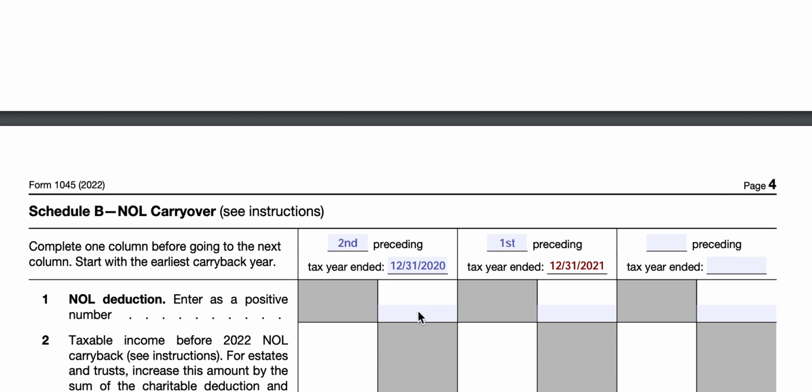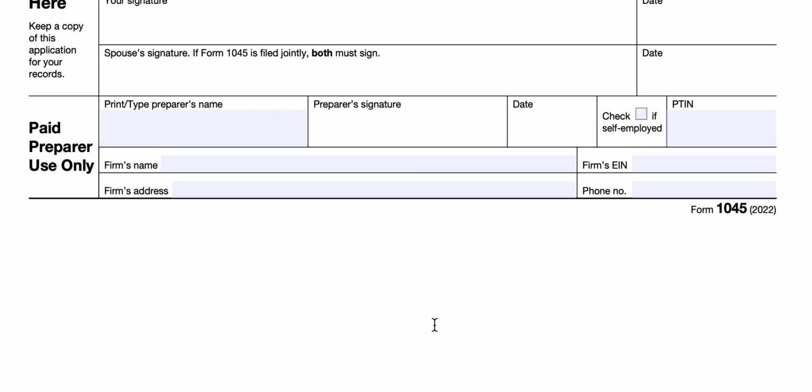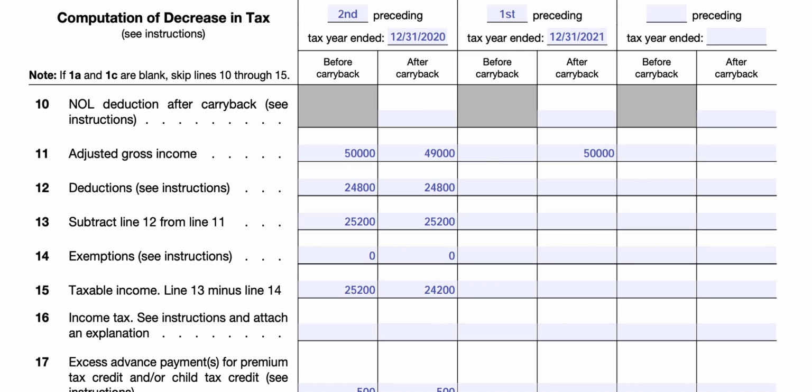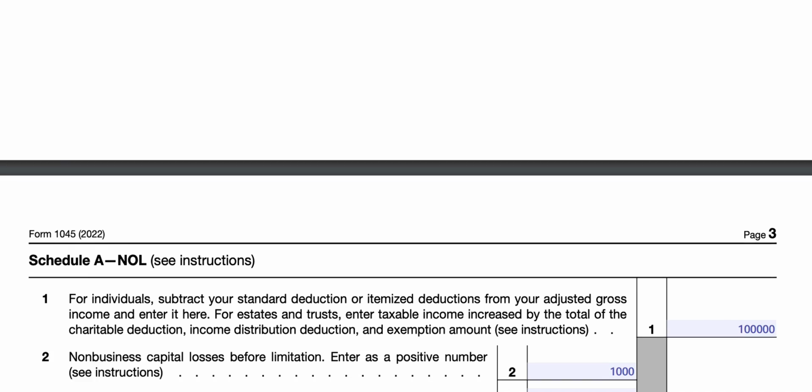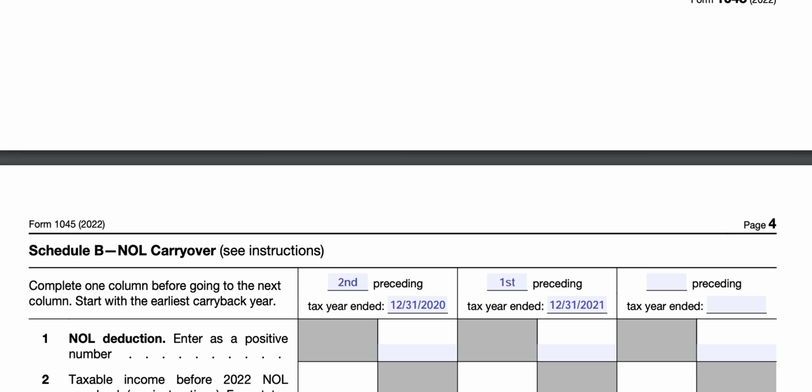And then on line 1, for the second preceding year, you would enter the amount of the 2022 farming loss, for example, carried back to the second preceding tax year instead of the amount from line 10. So instead of this number, you're going to enter this number here.